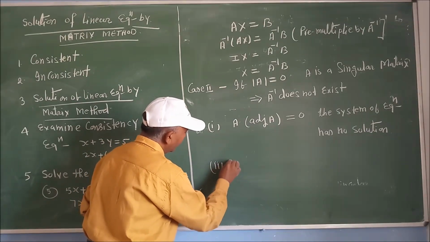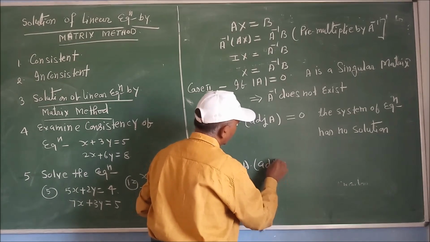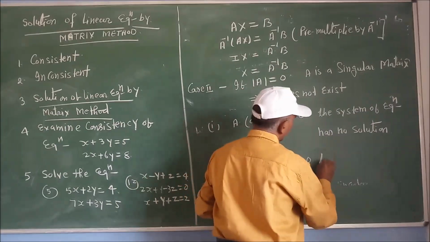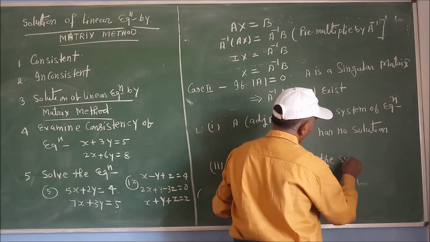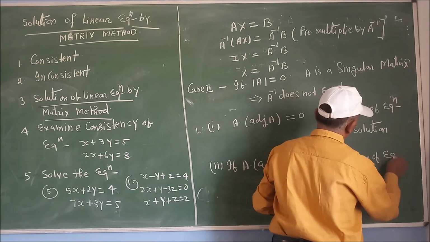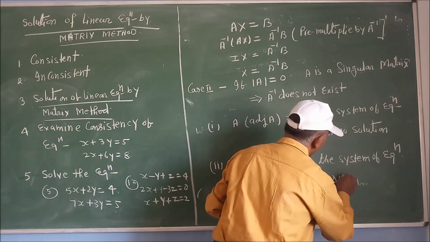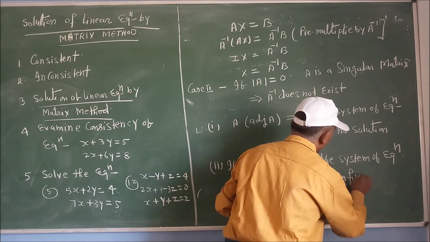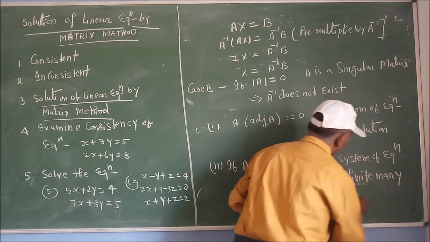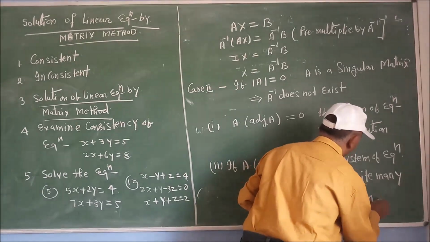Second, if A into adjoint A is not equal to 0, the system of equations has infinitely many solutions.